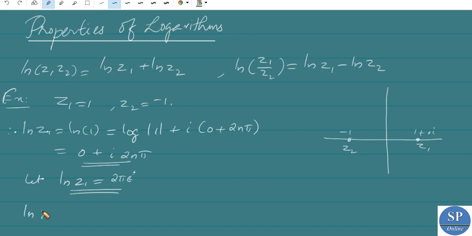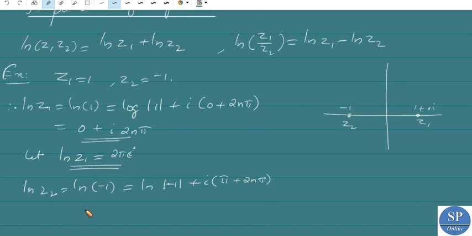ln z2 is equal to ln of minus 1. This is equal to ln of mod minus 1. Mod minus 1 is 1, so log 1 is 0, plus i times the argument of minus 1, which is pi, so pi plus 2n pi, for n equal to 0, plus or minus 1, etc. So this is 0 plus i times (pi plus 2n pi).